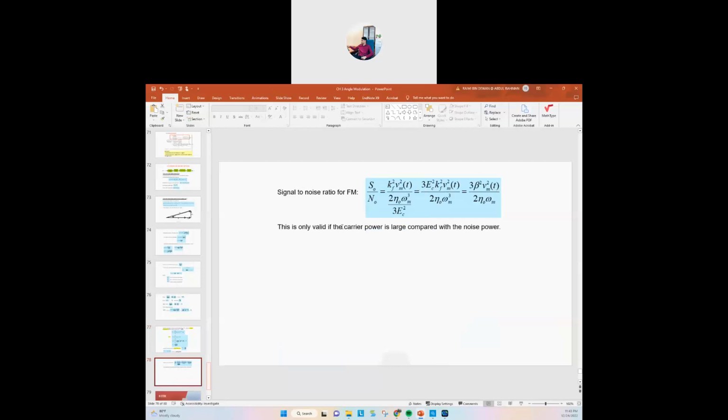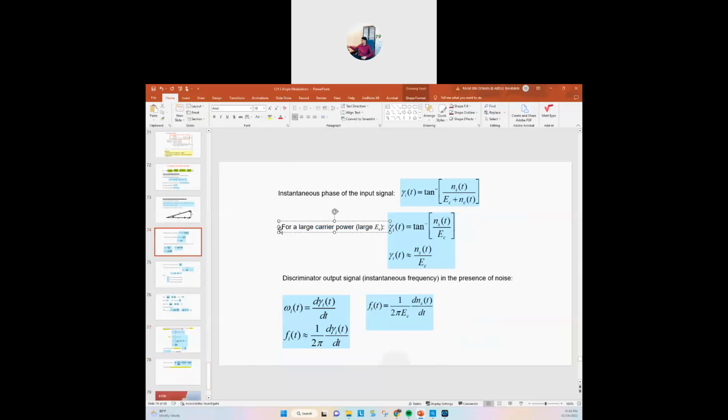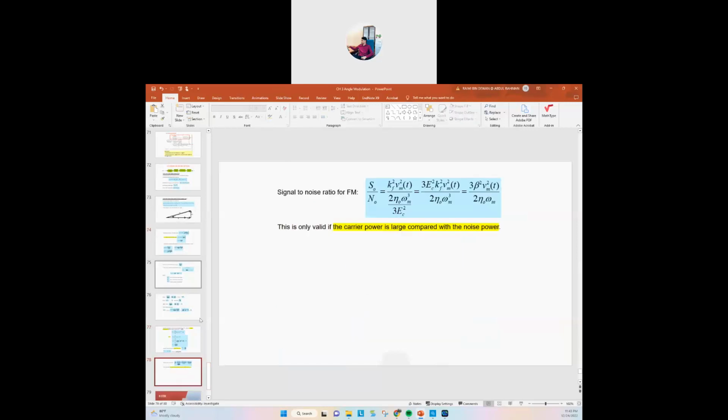This is only valid if the carrier power is large compared with the noise power. Because like what we already assumed just now, this is for the large carrier power. We are not considering small carrier power, which is different. So this is for the large carrier power.